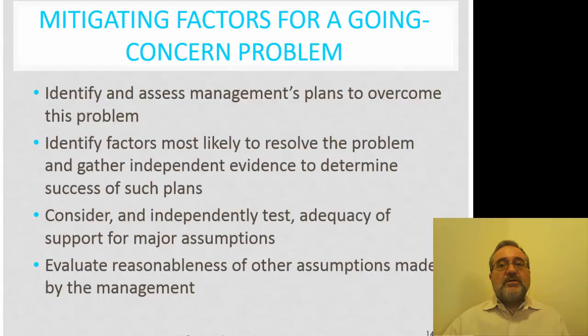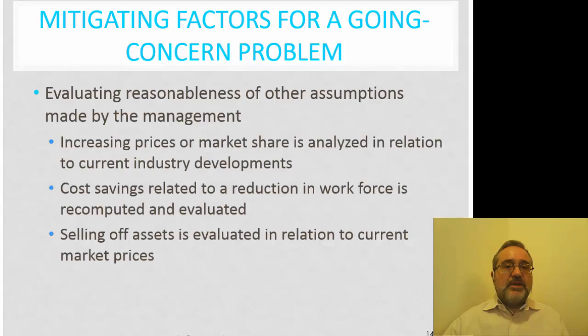As we are assessing the risk of a going concern problem, we need to consider any mitigating factors. We need to consider and assess management's plan to overcome these problems, identify factors most likely to resolve the problem, consider and independently test the adequacy and support for major assumptions, and evaluate the reasonableness of other assumptions made by management.